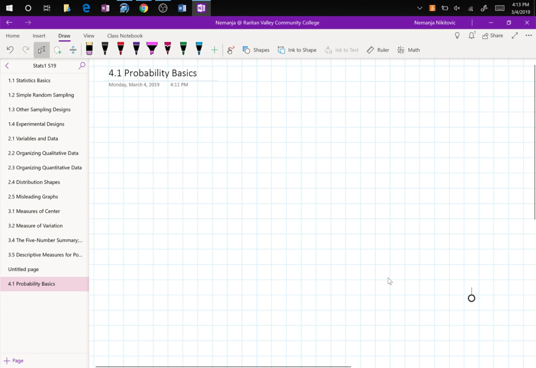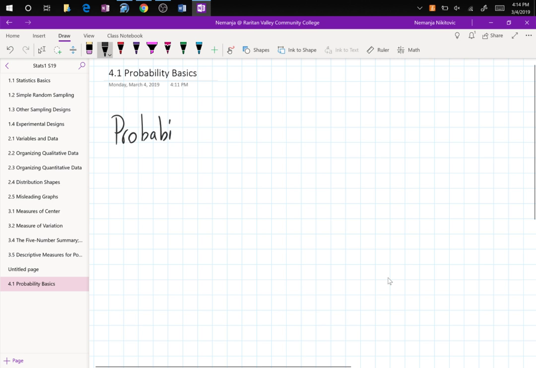So we start by understanding that probability is going to be some kind of a measure of likelihood of some event happening. So it's not a definition, just understanding what it is.